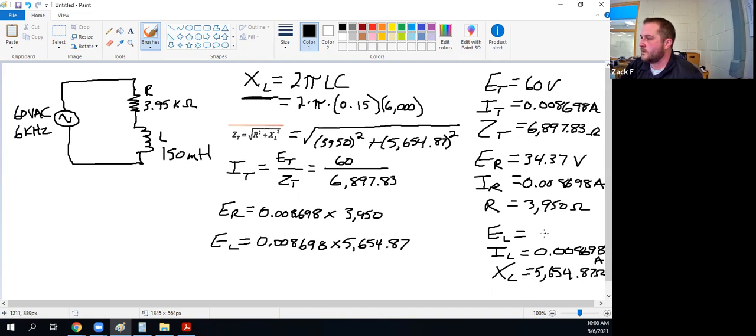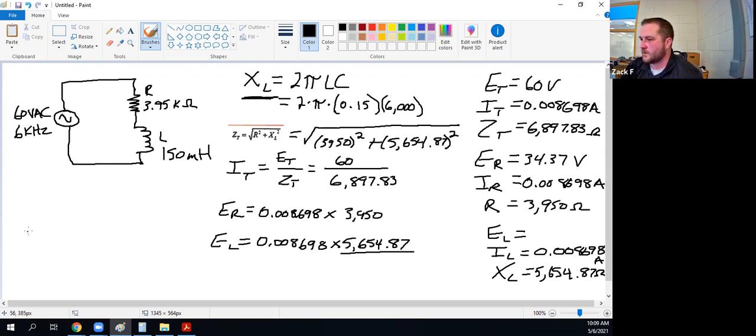Why 5.394? This, yeah, this is E equals I times R, right?